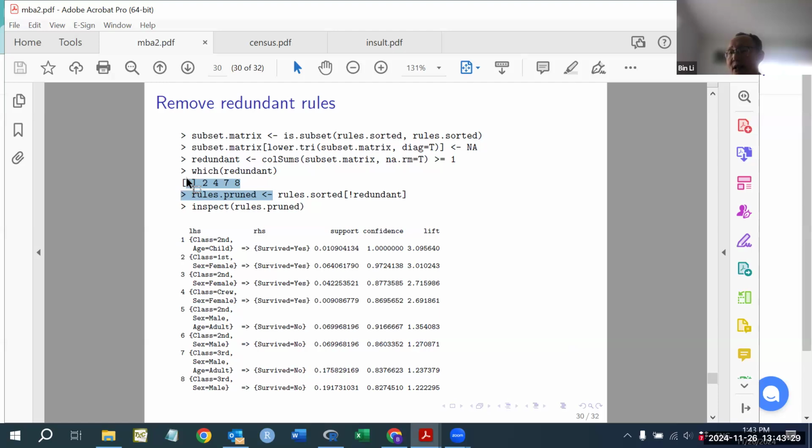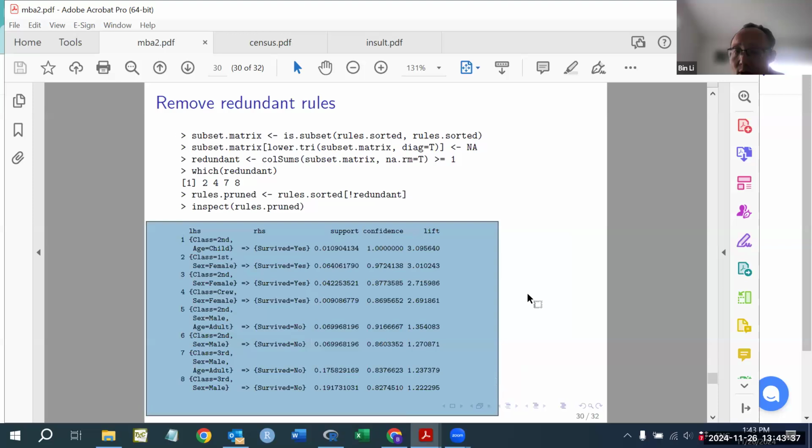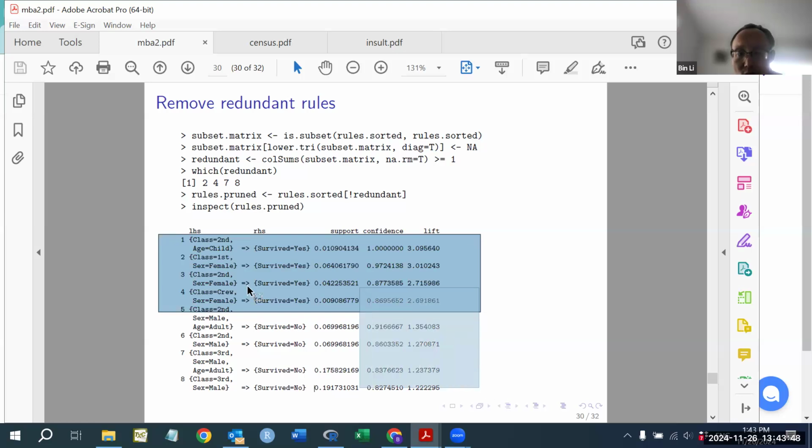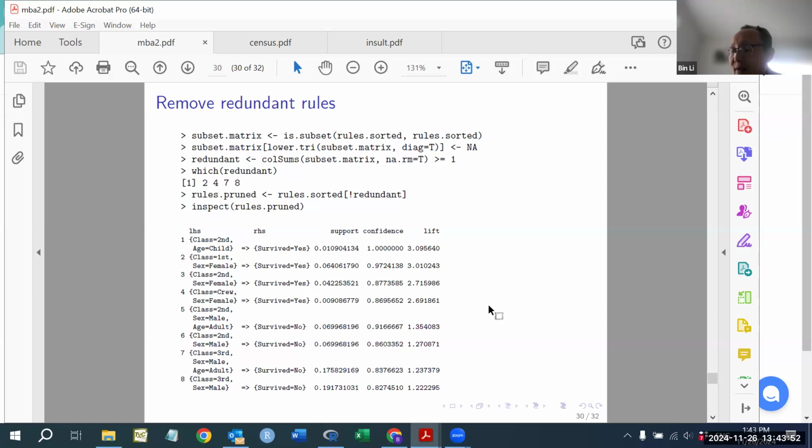That means they provide no extra information. So we can remove these rules. Now we have only 8 rules left, and these rules are related to the survival status. The first 4 are related to survival yes, and the next 4 are related to survival no.